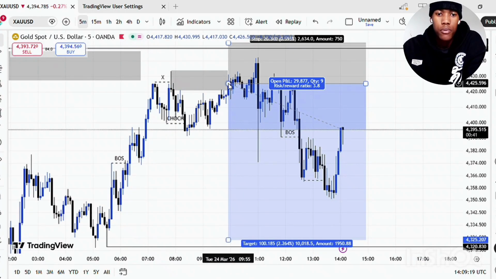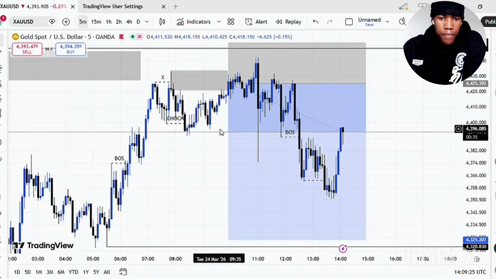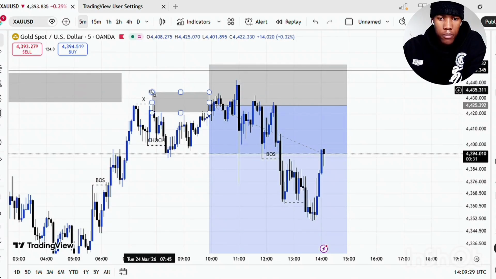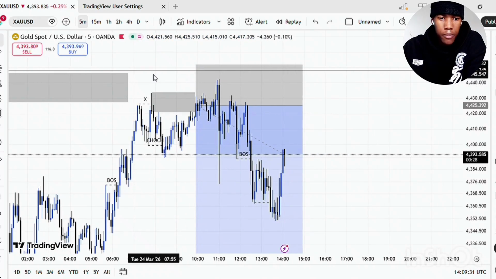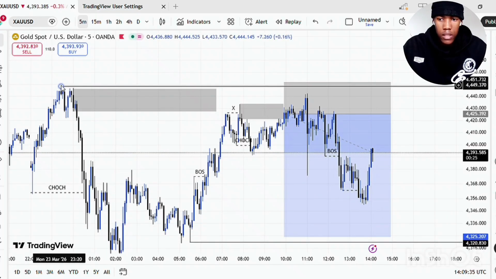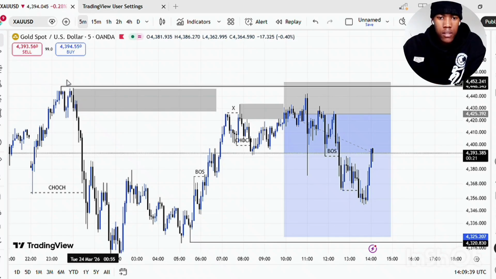And I marked this last order block, and the market reacted to my order block, which came all the way up here, but I placed my stop loss in a good area from this last week rejection. So let me just remove this, or let me not remove it.